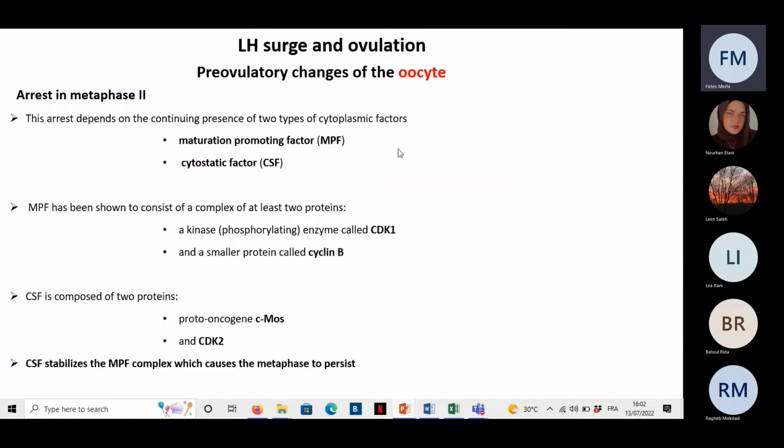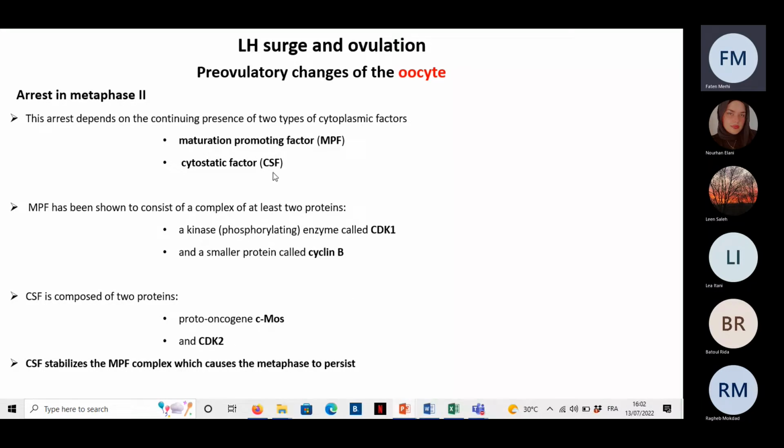This MPF factor is composed of two subunits, so two proteins, okay, the cyclin B and the cyclin dependent kinase 1. And the arrest in the metaphase 2 is also controlled by the cytostatic factor called CSF. The CSF factor is also composed of two proteins, which are the CMOS and the cyclin-dependent kinase 2.